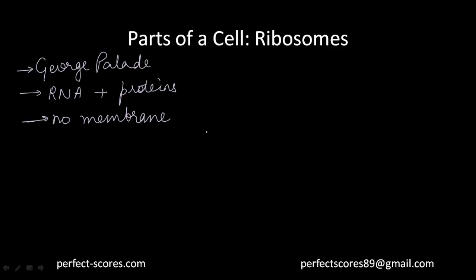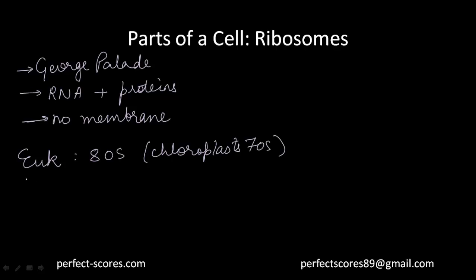So these are not membrane-bound organelles. Now in eukaryotes, the ribosomes are 80S with the exception of the chloroplast. In the chloroplasts, the ribosomes are 70S. And in prokaryotes, the ribosomes are 70S.